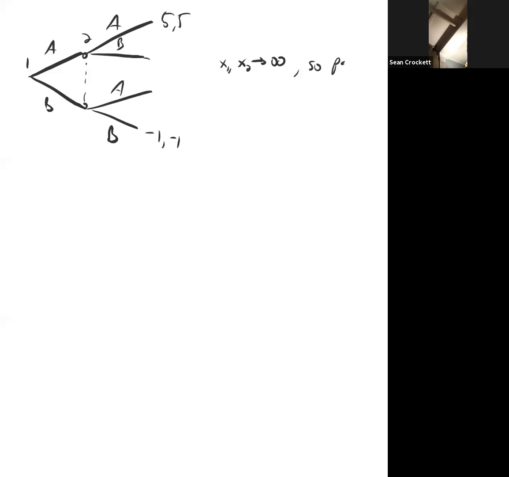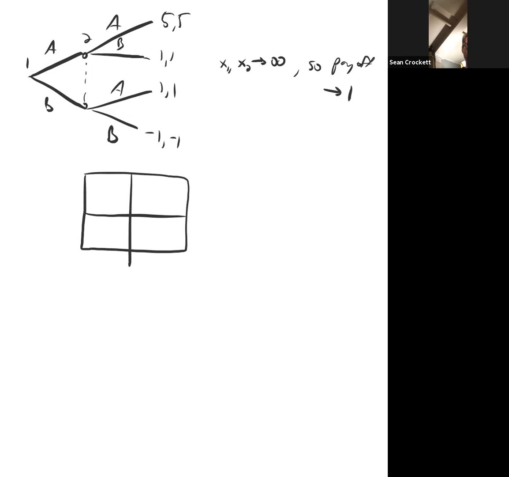So payoff approaches 1. So we have essentially this. Okay, and so now you can put that game into the matrix form: A, B, 5, 5, minus 1, minus 1, and 1, 1.